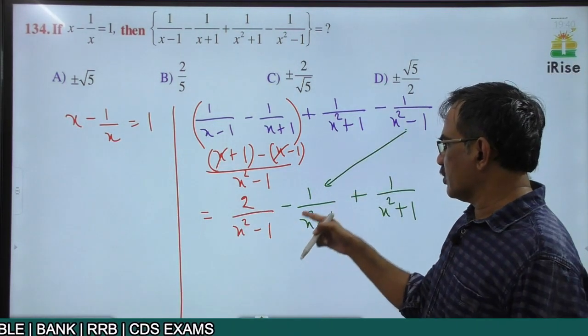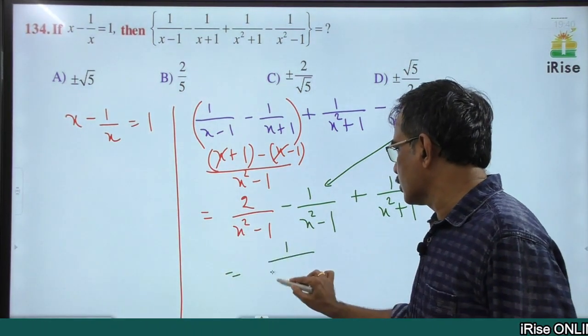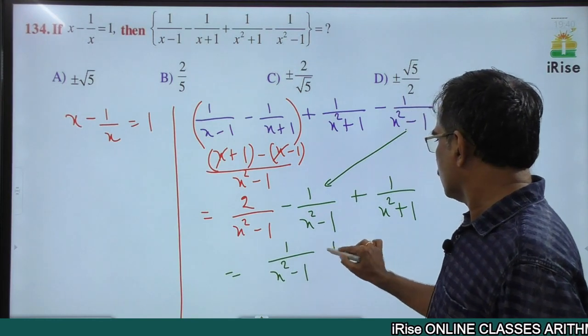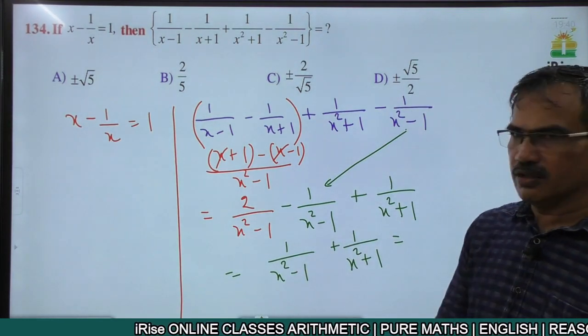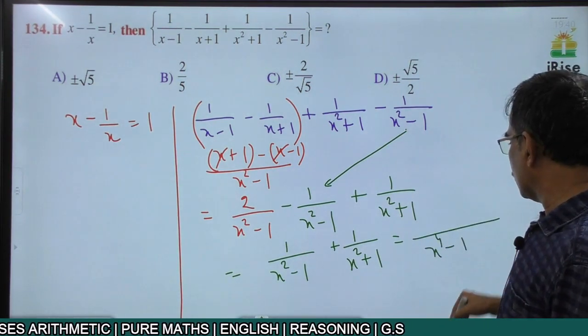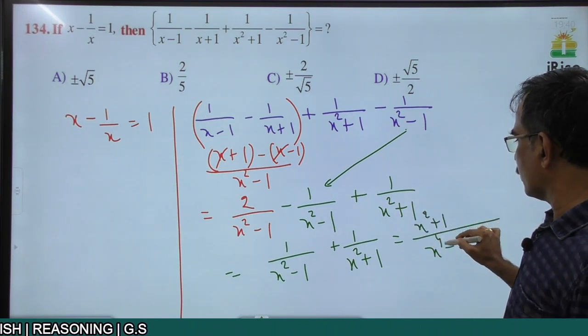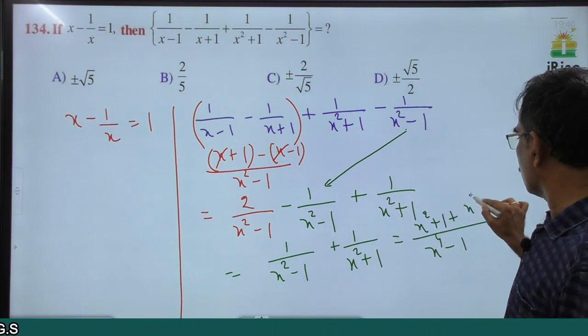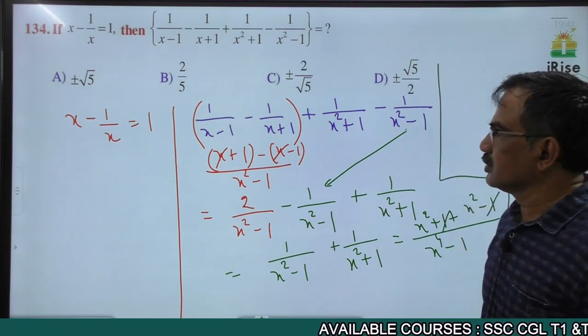Just add this right here. 2 by x square minus 1 minus 1 by x square minus 1 is nothing but 1 by x square minus 1, plus 1 by x square plus 1. If you add this, the LCM is x power 4 minus 1. Numerator is x square plus 1 plus x square minus 1. These two get cancelled.